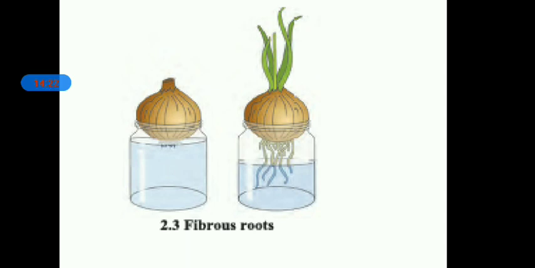Once the plants grow 15 to 20 centimeters in height, uproot them carefully while the soil is moist. Why the soil is moist: so that the roots will not get damaged. If it is dry and we forcefully pull it out, the roots will get damaged. Put them gently in large conical flasks containing water, so the soil will get washed off and you are able to see the roots.